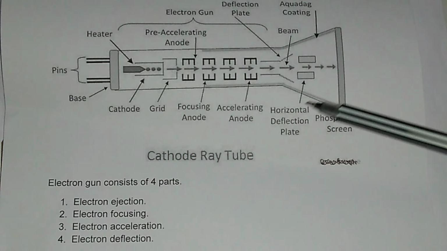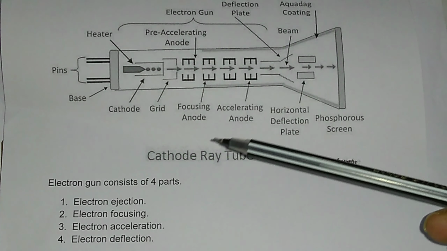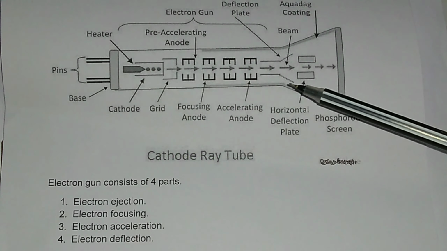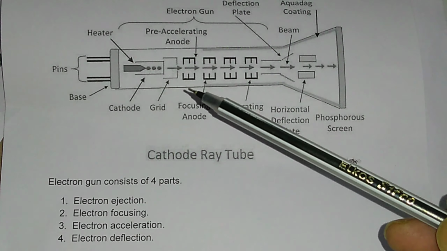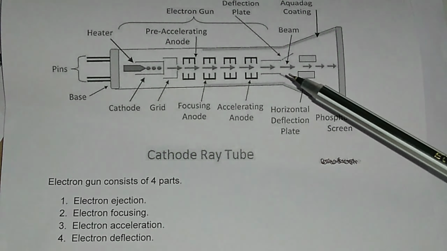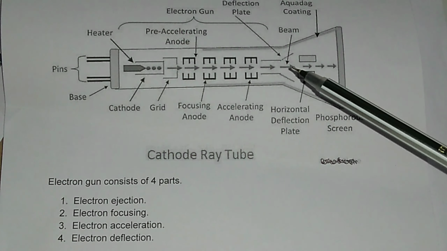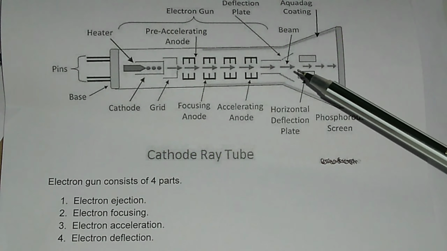The next part of your electron gun is electron deflection. When the electron beam is accelerated, it passes through the deflection system. This is the vertical system and this is the horizontal system.